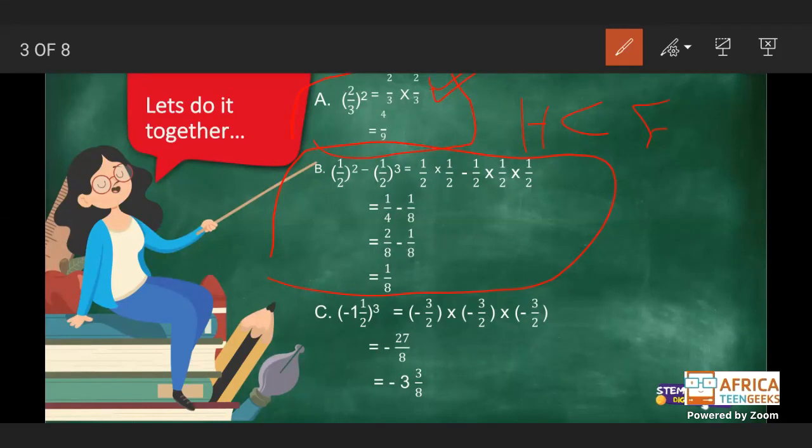You can see that right here, just that this one says to the power of 3, not to the power of 2, right? So when we break it down again, we'll have 1/2 multiplied by 1/2 multiplied by 1/2. 1, 2, 3. Let's name it 1, 2, and 3.